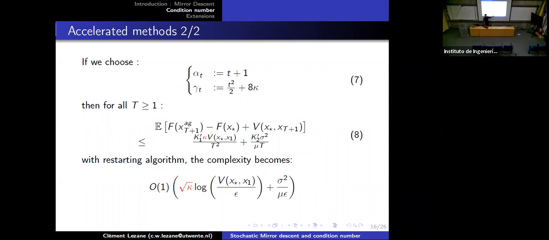The accelerated method does not have any effect on the stochastic noise. That's not very surprising because this term is already optimal up to a constant. There is no way to make it better in this setting.